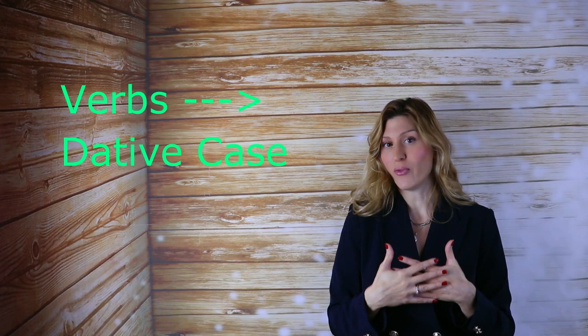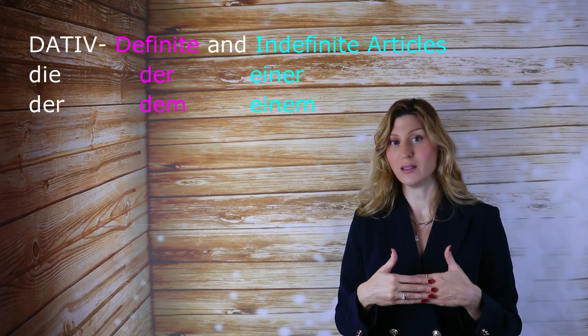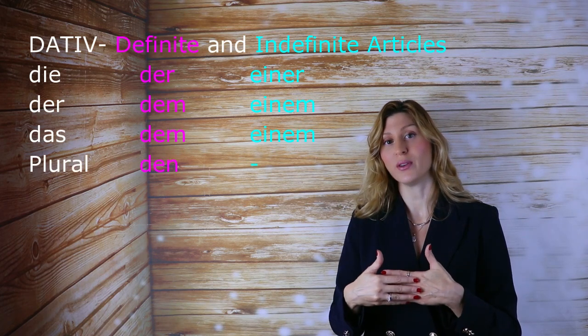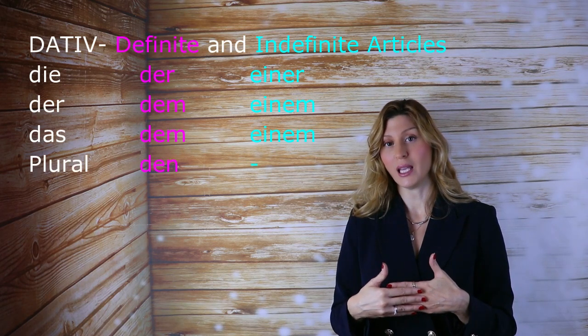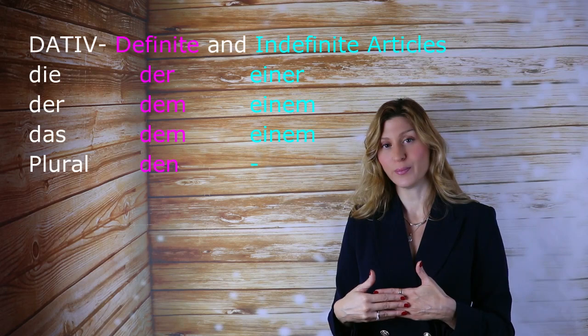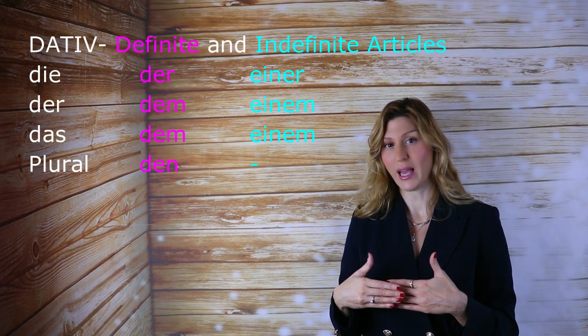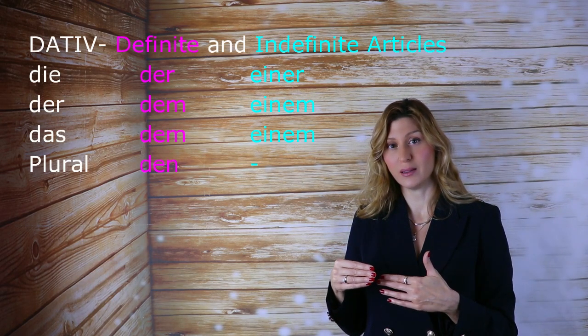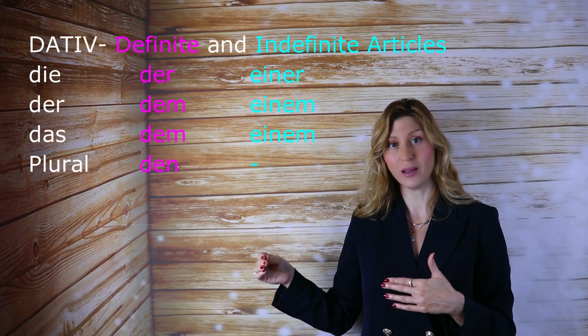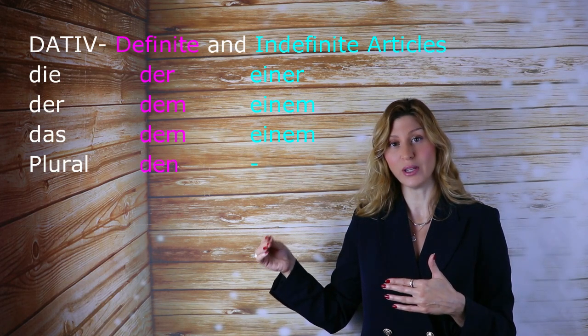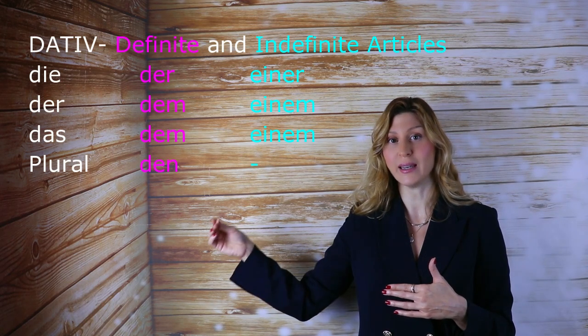And before we move on, I would like to take a look at this table, and I will give you a moment. This is the definite and indefinite articles in Dativ. So if we have die, it is der in Dativ, definite, and indefinite einer.